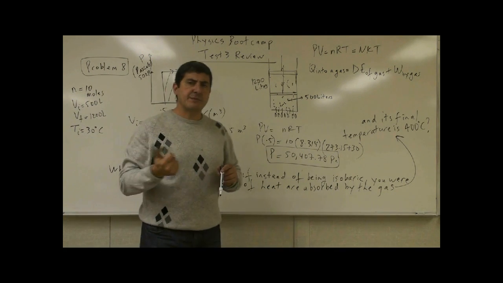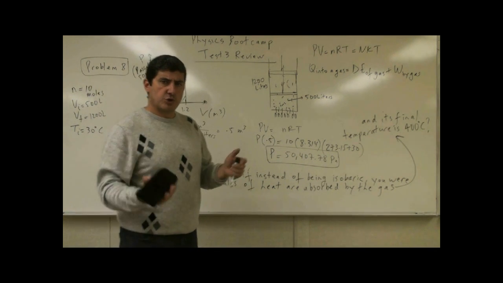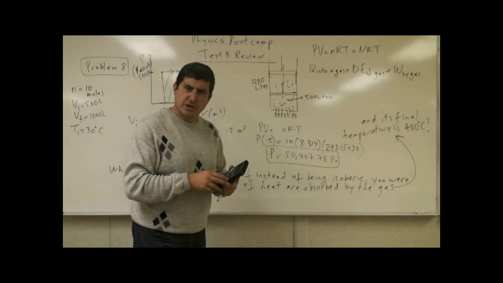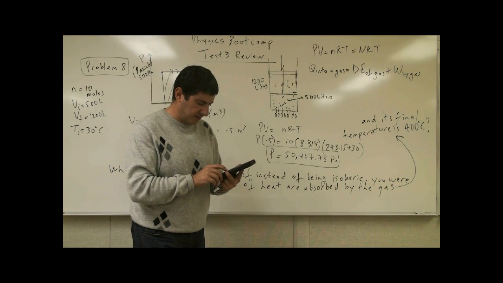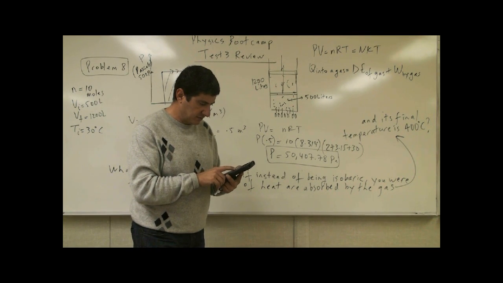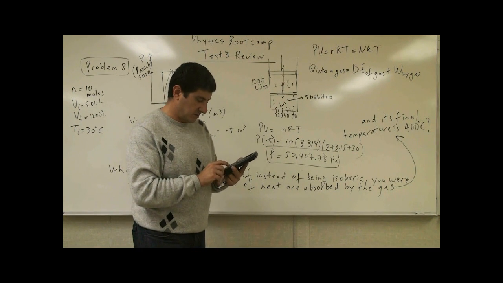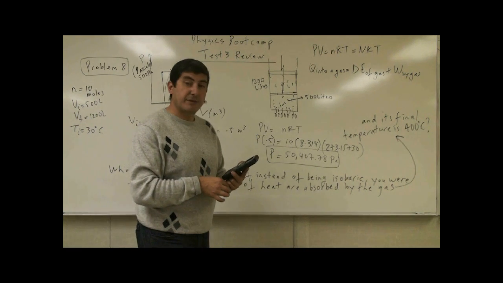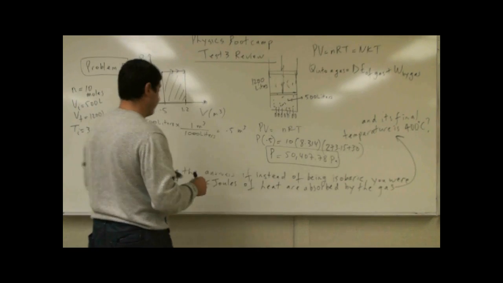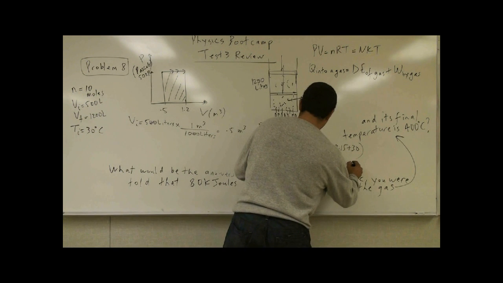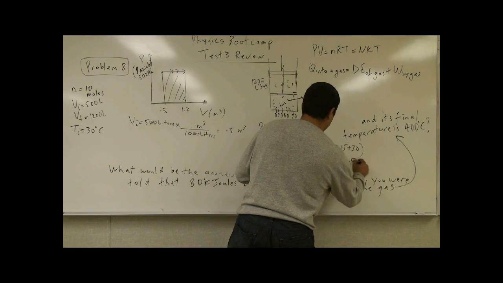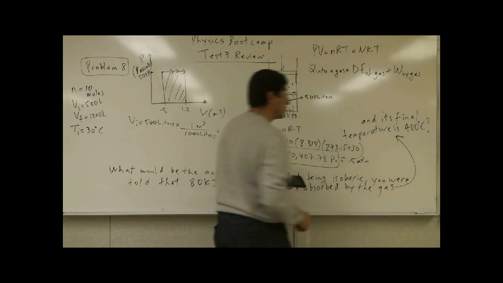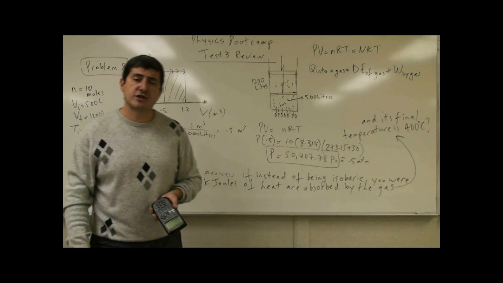How many atmospheres would that be? Well, we know 101,300 pascals. So if we divide that by 101,300, that's actually about a half an atmosphere, 0.49. So approximately 0.5 atmospheres. So the pressure in that chamber is less than atmospheric pressure.